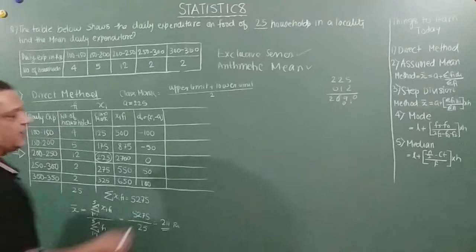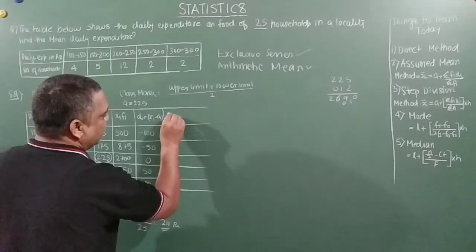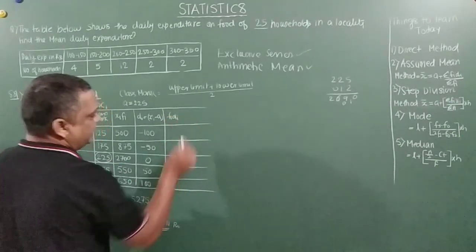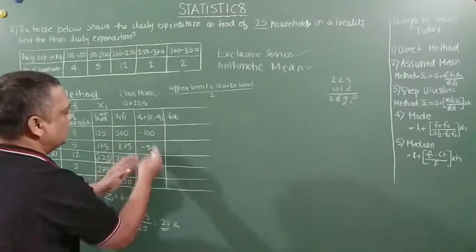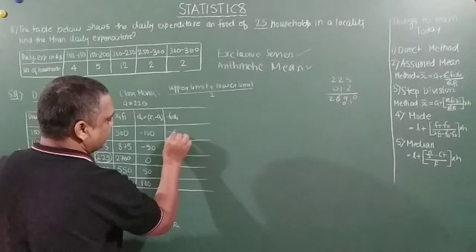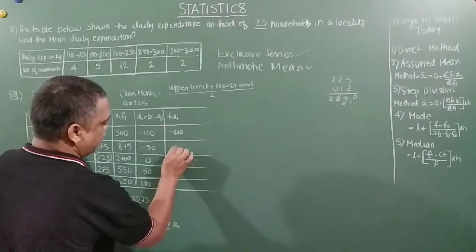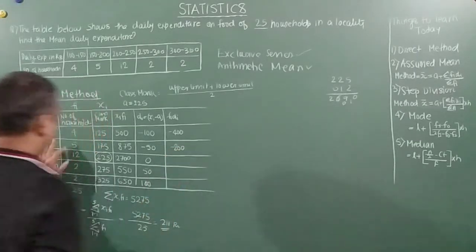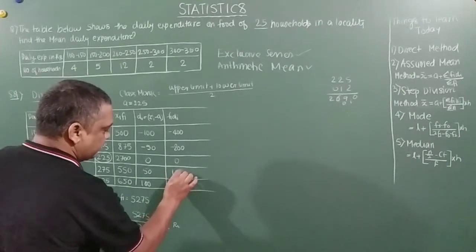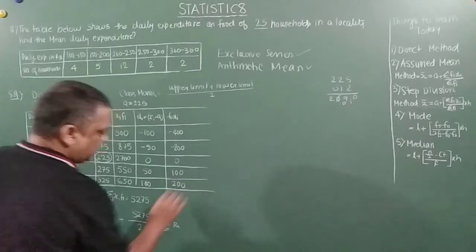Then we will make another column which we will call fi di, right? Fi di, that means this value multiplied with the frequency, that is fi, right? So this becomes minus 400, and this becomes minus 200, this becomes of course 0, this becomes 100, okay, and this becomes 200, right?